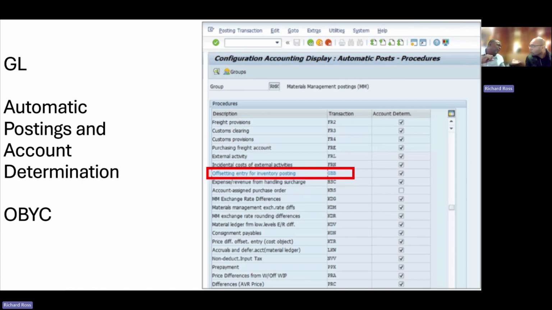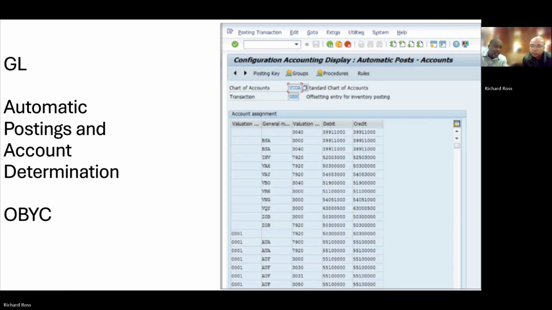A lot of people don't implement these modules. Fixed asset has its own tables, not this one, but it has the same concept. It'll tell you a place where to put the GL. But yes.